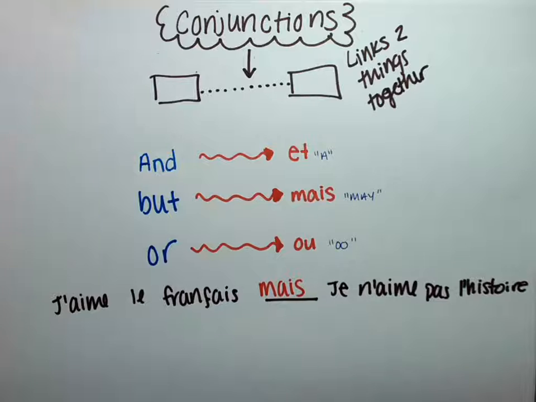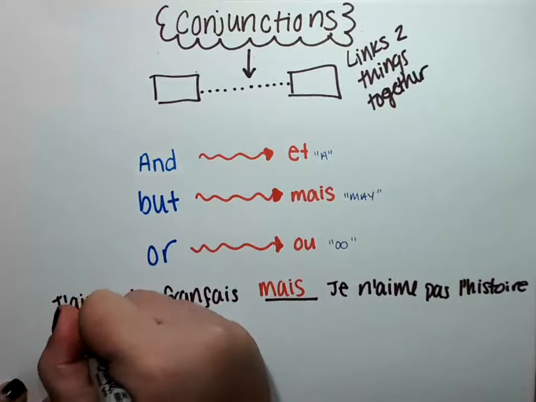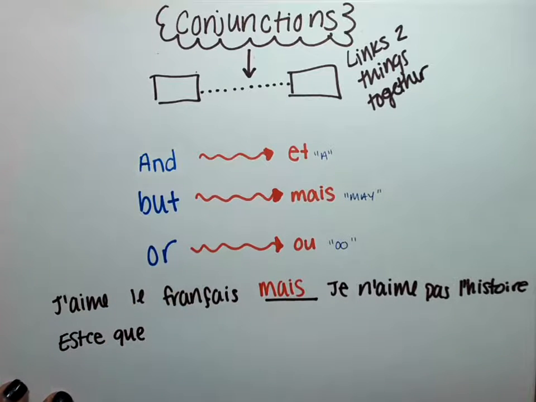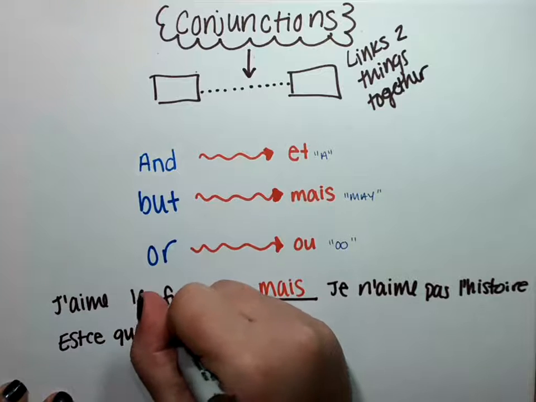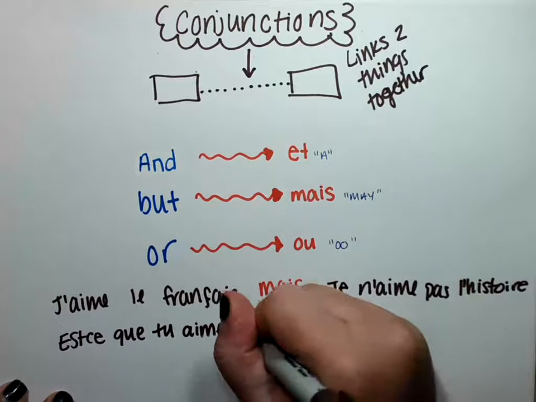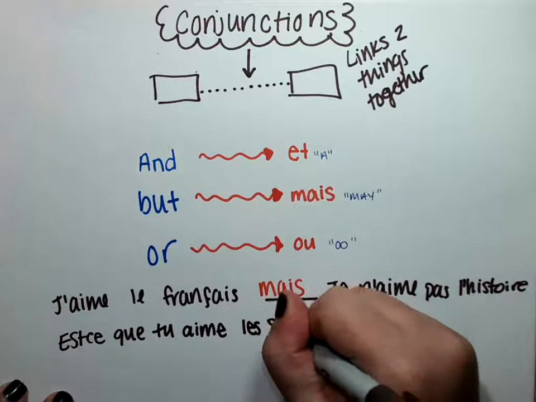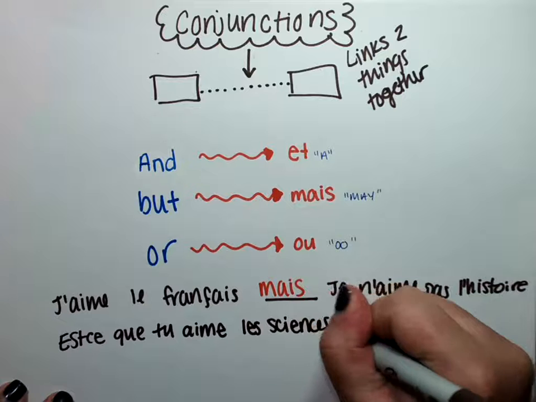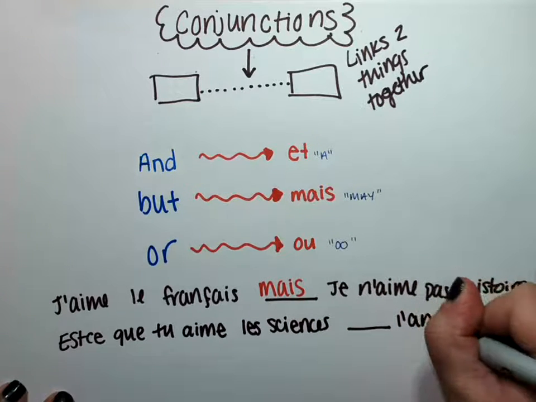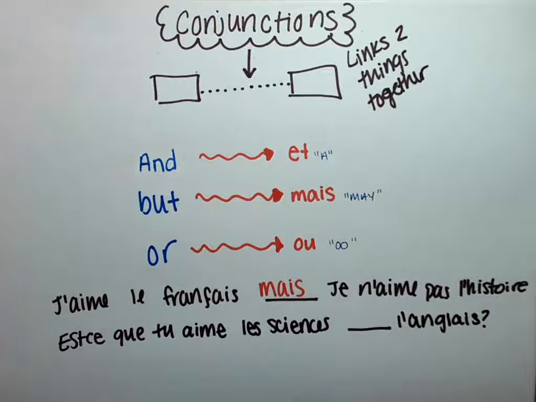All right, let's do another example. We're going to make this one a question. So we're going to say, est-ce que, remember that we learned est-ce que means do or does. So, est-ce que tu aimes la science or les sciences blank l'anglais? So now we have our question.